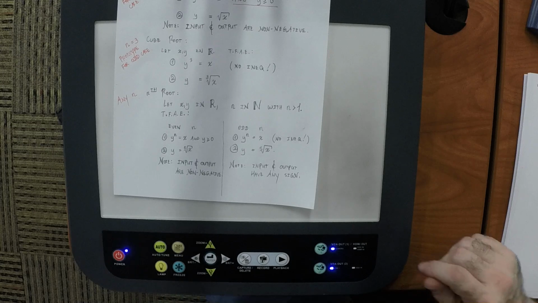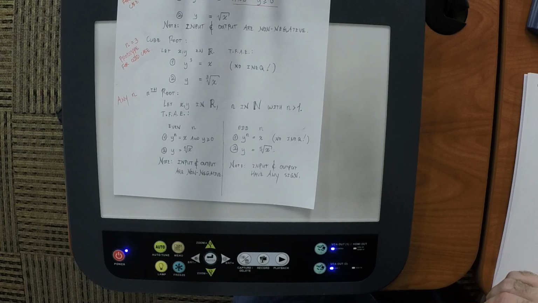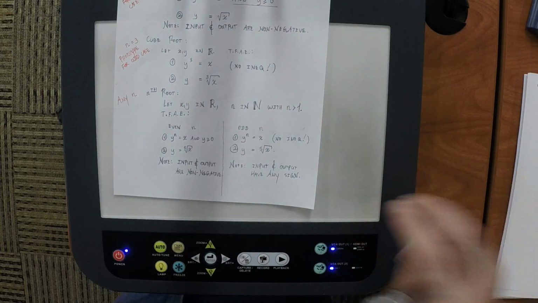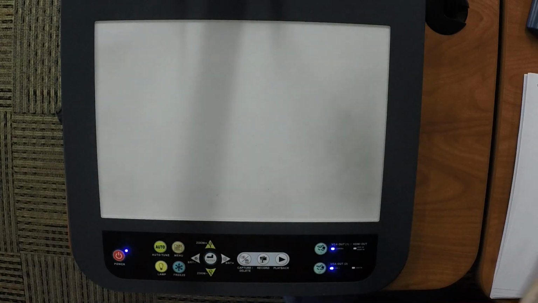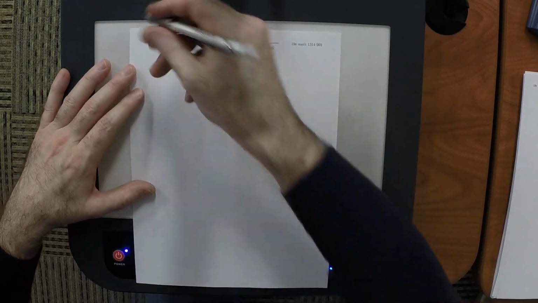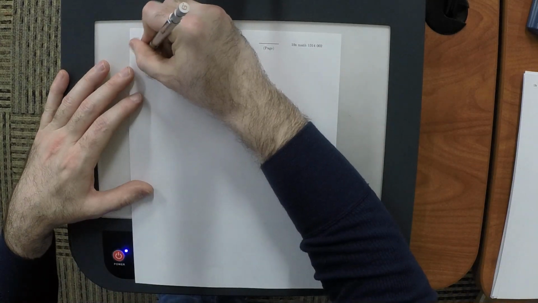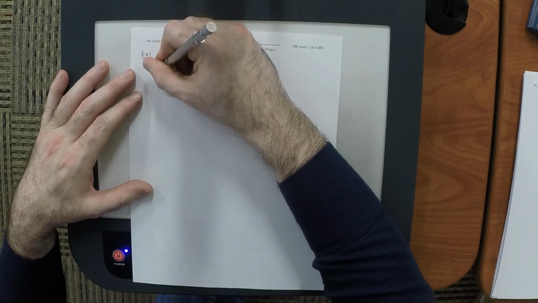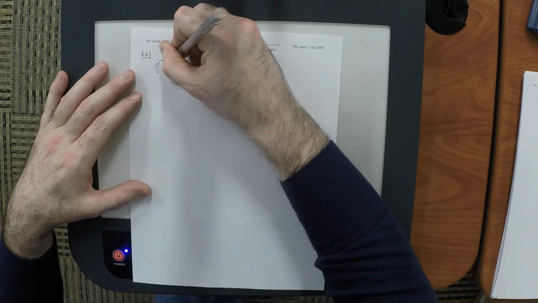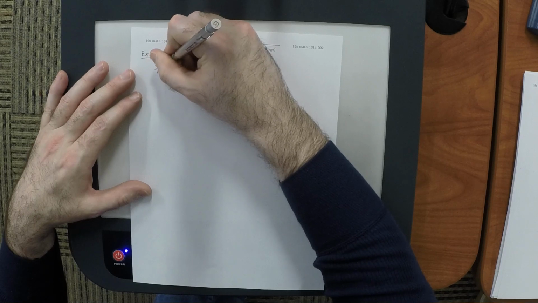All right. So now let's calculate a little bit. So for example, how about the fifth root of negative 64?